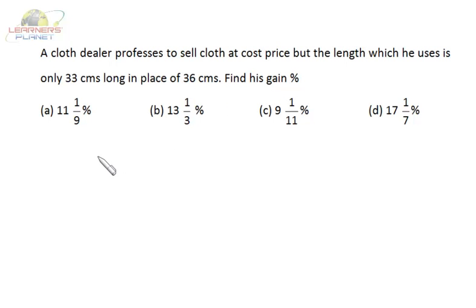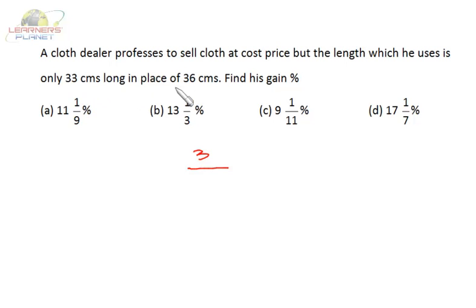Now friends, as we have derived the logic in the previous question, you can directly put the values in that particular logic or formula. Now what is the difference in weight? Here in this case it is the difference in length, so it is 3 centimeter. That is his profit. That means he is actually charging for 36 centimeter but giving out 33 centimeter.